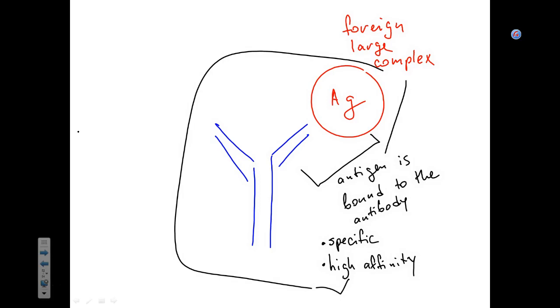Okay? For instance, we can hang a little detection element that will shine the light, and when the complex is formed and we isolate the complex, we can detect it. Does that make sense? Do you understand the idea of antibody and antigen complex?